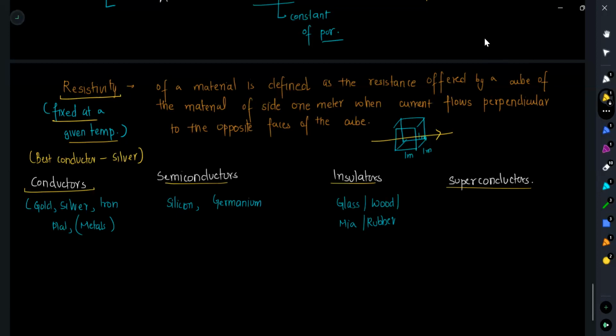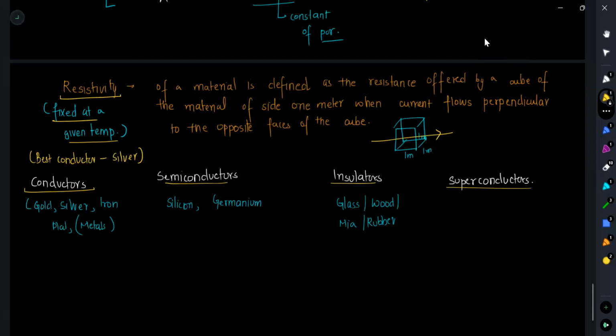Superconductors, on the other hand, are materials that at very specific low temperatures have almost zero resistance. When something has almost zero resistance, it means it is very efficient in electrical transmission. But since utne low temperatures reach karna is very difficult, that is the reason they are not generally widely used.